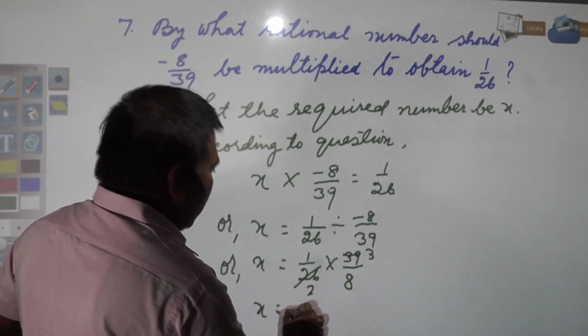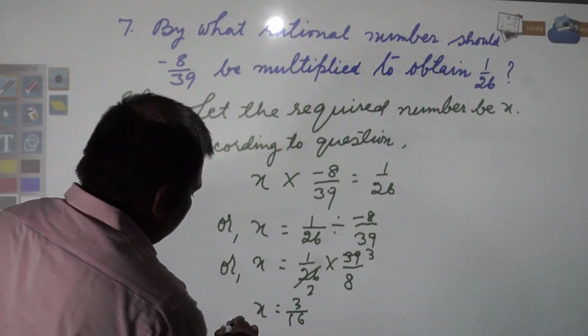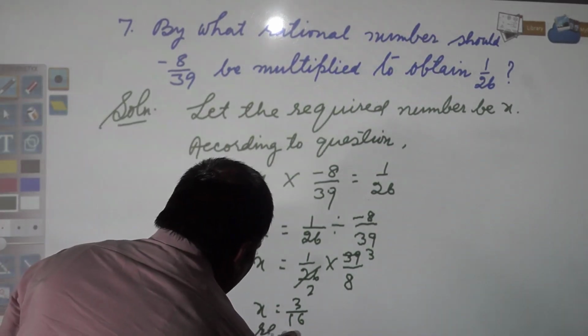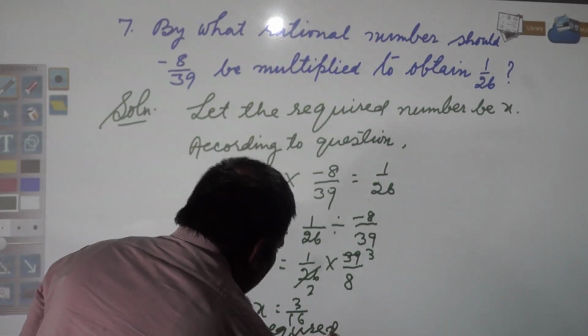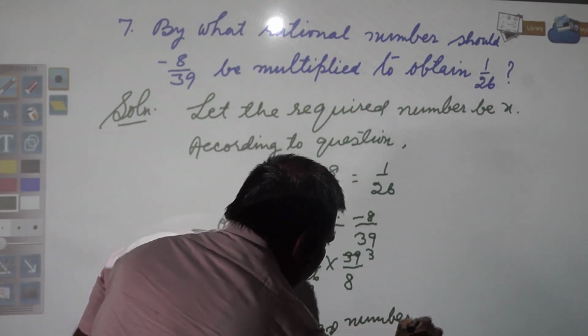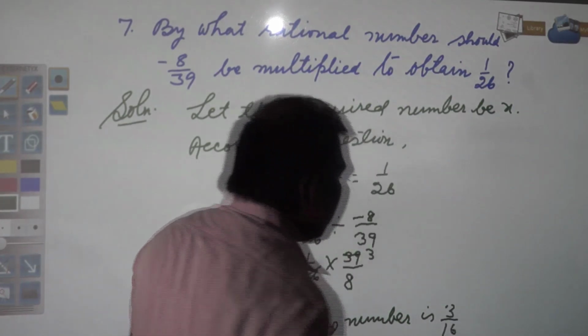So x you got 3, 1 by 3 and 8 2s are 16. The required or desired number is 3 by 16, and this will be your answer.